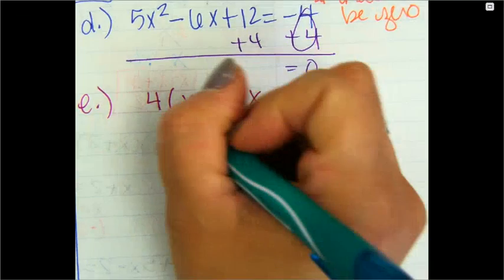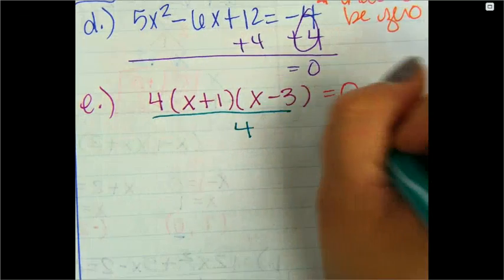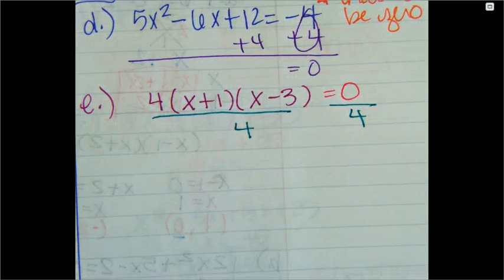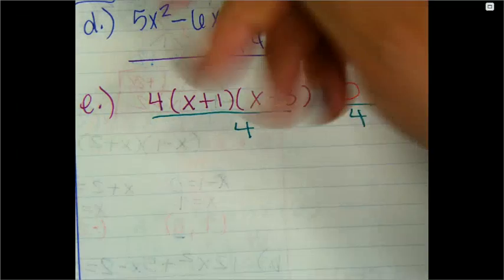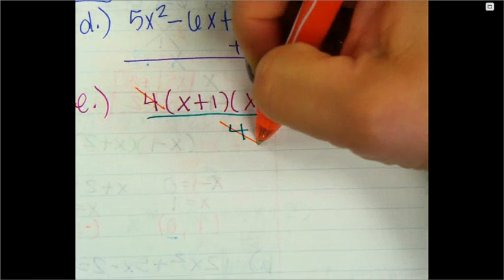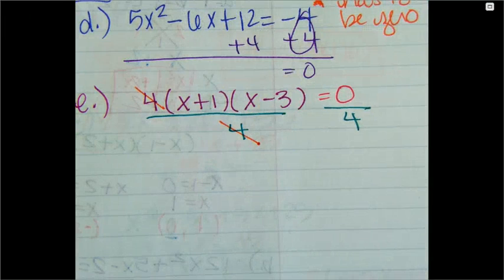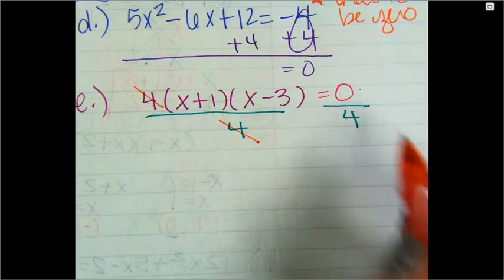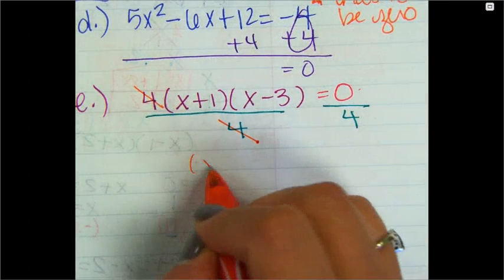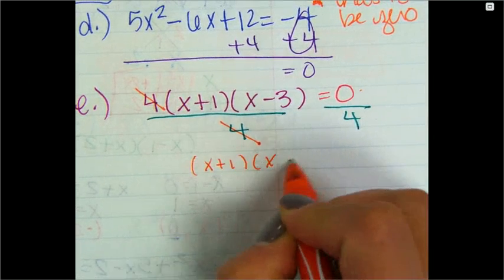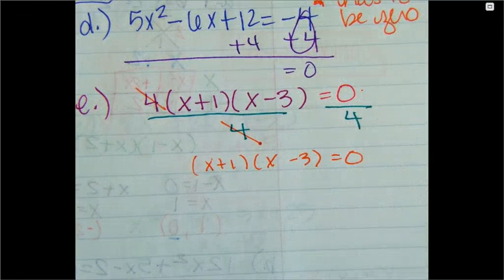Divide. It's division. So if I divide by 4, doesn't this just go away? Because 4 divided by 4 is what? No, it's not 0. It's 1. Okay? But 0 divided by 4 is what? 0. And then do I have two equations I can set up? Do you see it?